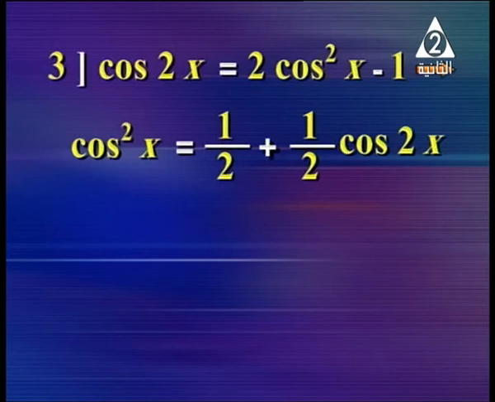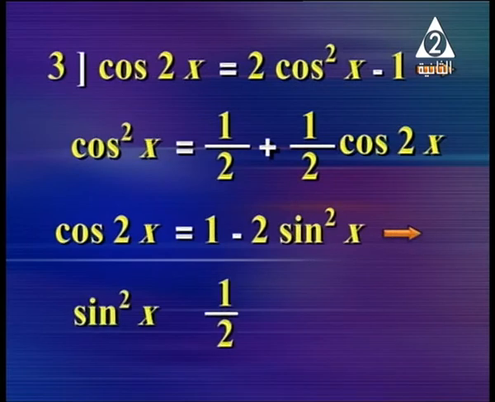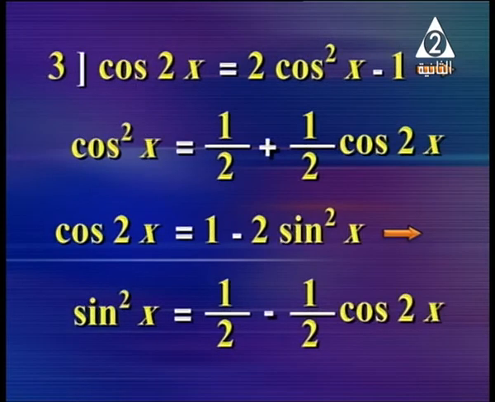We can represent cosine squared x by using cosine of double x: cosine squared x equals half plus half cosine 2x. Remember, cosine 2x equals 1 minus 2 sine squared x. By the same method, sine squared x equals what? Half minus half cosine 2x.